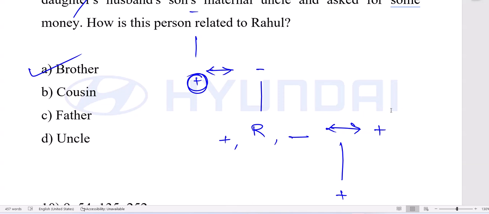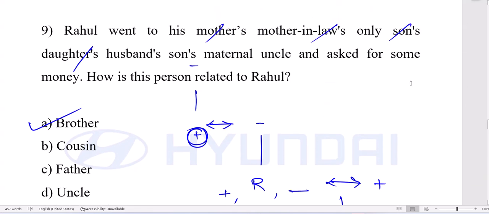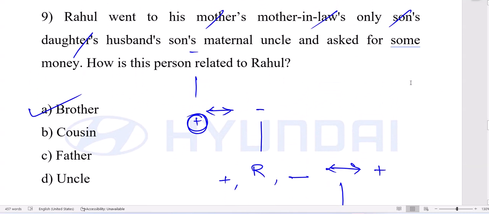A typical question: Rahul, mother, mother-in-law. You read it clearly. Rahul's mother, this is clear. For this, mother-in-law means, for a female, husband's mother. So for this person, husband's mother. Only son means this guy will come, Rahul's father. Daughter means Rahul's sister.